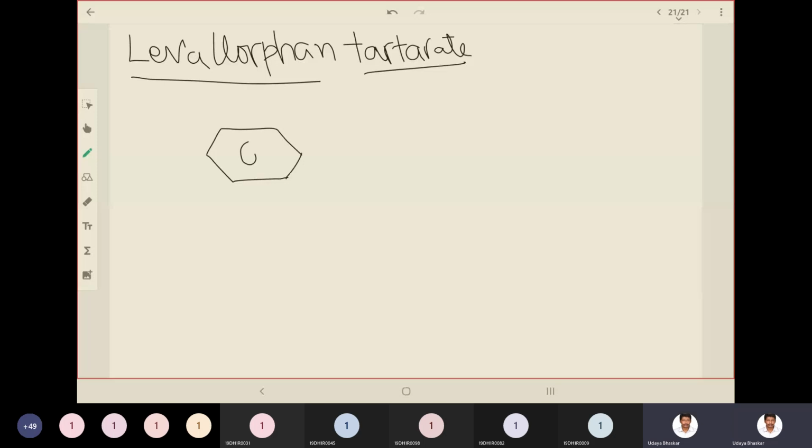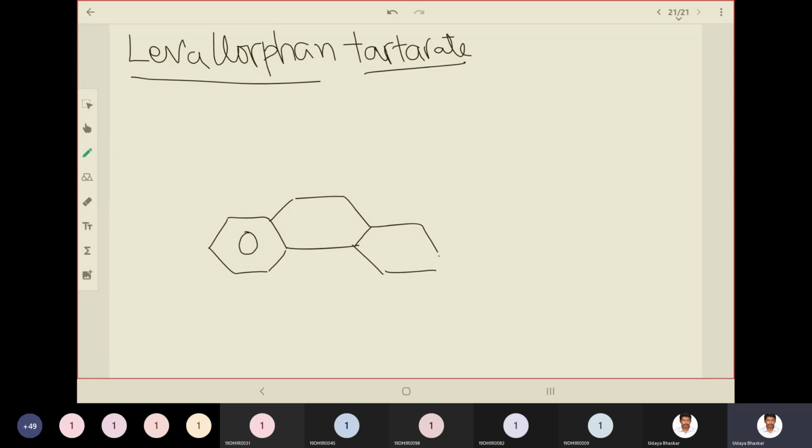So let us see levallorphan tartrate. Let me write somewhat beneath so that we can accommodate the fifth ring. Draw the pentacyclic ring, first phenanthrene. This is not morphine, but we have done molecular dissection and removed this ether. Fine, this is the structure.